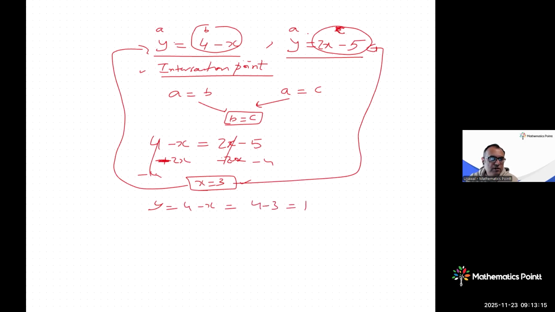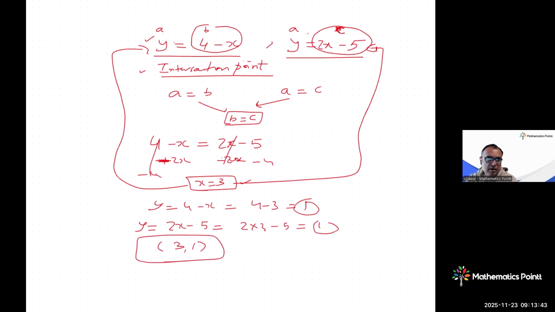So if you're using the first equation, you get y equals 1. And hang on, you'll get the same answer if you plug it in here. For y equals 2x minus 5, plug in x equals 3. So 2 times 3 minus 5 is still 1. So the answer that I got is 3, comma 1.